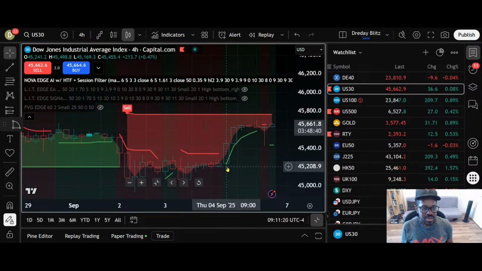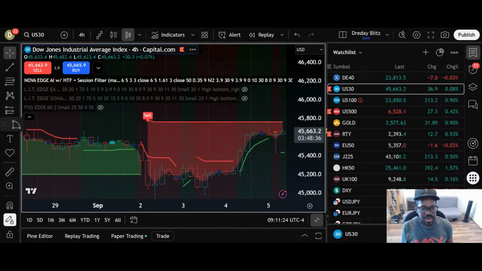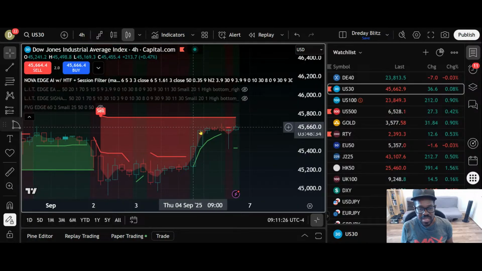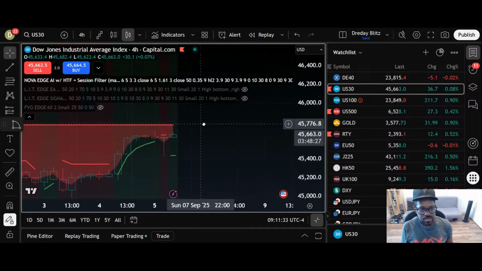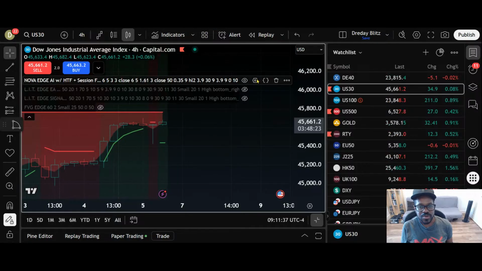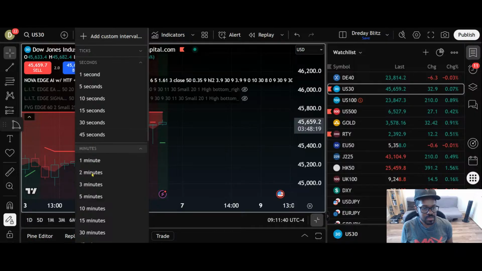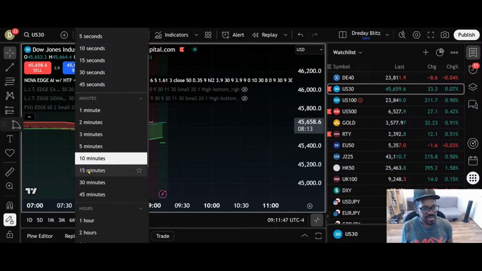So overall, this zone was bearish. Now it's starting to go bullish here. But if you're using that, it's better to go on a lower time frame, like I said, on the 15-minute chart.